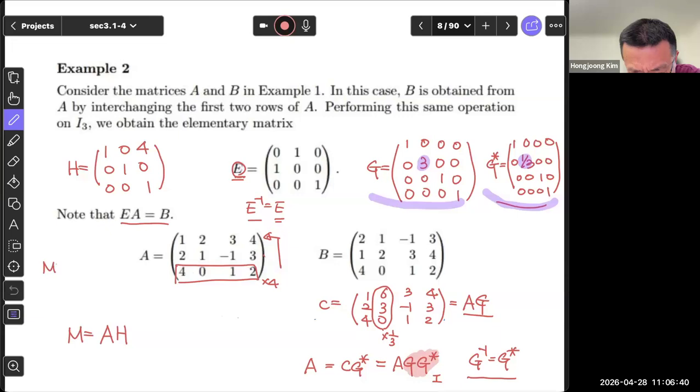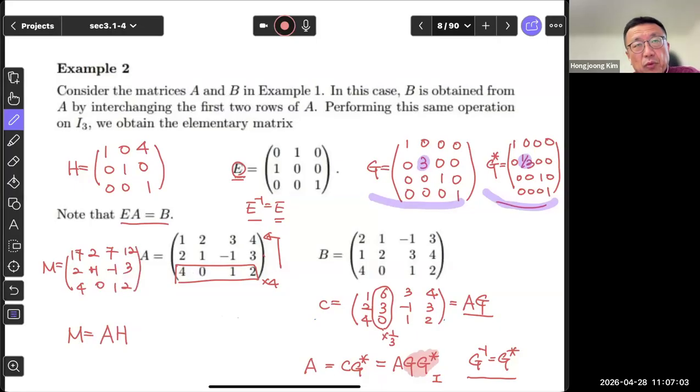Now, from M matrix, so what is M? M is, say, 17, 2, 7, and 12, 2, negative 2, 1, negative 1, 3, 4, 0, 1, 2 matrix. So from A, we could find M matrix. Now, this M can be obtained from A by multiplying A and H in that order.